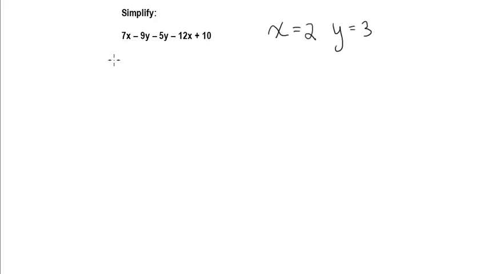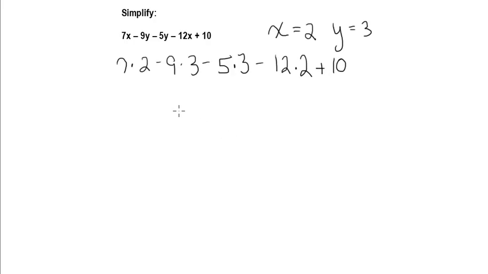You could just go through and say, that's 7 times 2 minus 9 times 3 minus 5 times 3 plus 12 times 2 plus 10, and then PEMDAS that into a value: 14 minus 27 minus 15 plus 24 plus 10, so you'd end up with some kind of value. But that's not what this is asking you for, and that's leaving you wondering, okay, so what am I supposed to do with this?